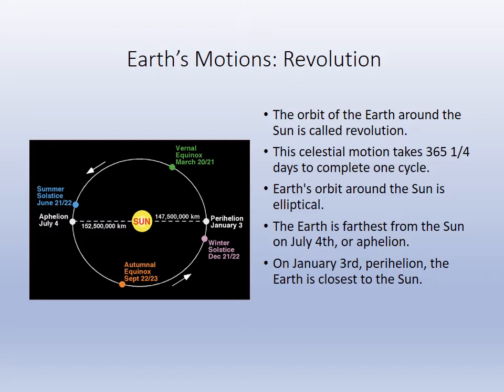It's the axial tilt. Because on July 4th, when we're furthest away, it's hot up here in the northern hemisphere. That's the elliptical movement of the Earth around the sun.